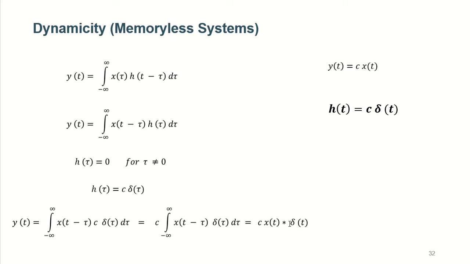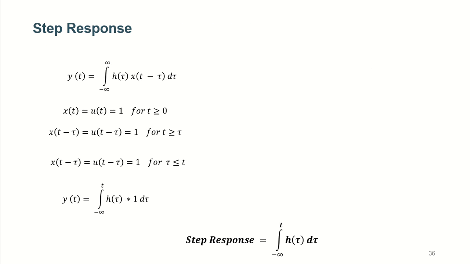So remember, whenever we multiply anything with an impulse, you will get the original value. So we were getting y of t equals c into x of t, right? And again h of t is nothing but my impulse response. So that was something I forgot to mention while we were discussing the dynamicity property, but now it's fine.